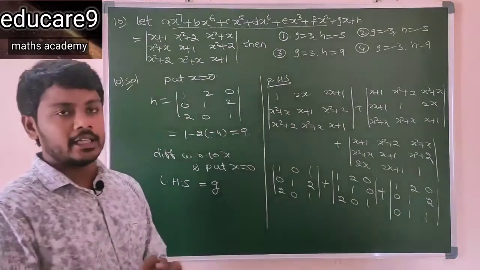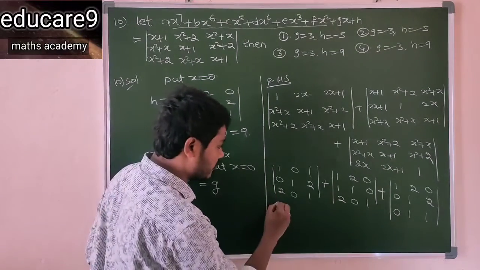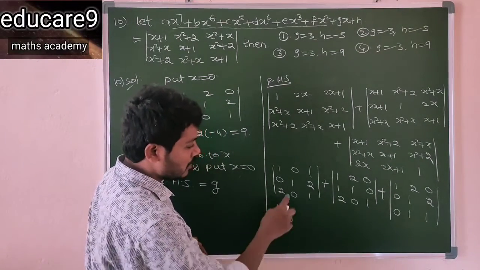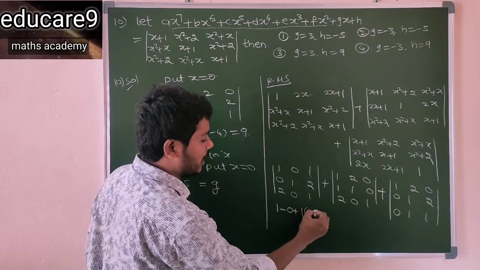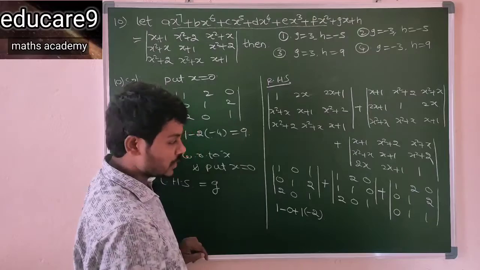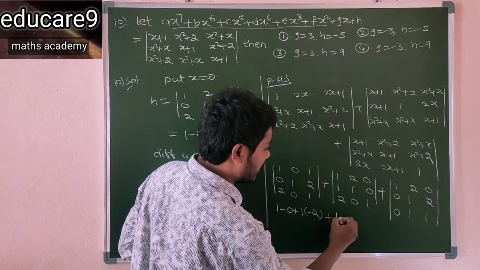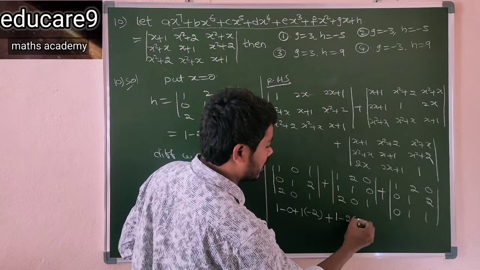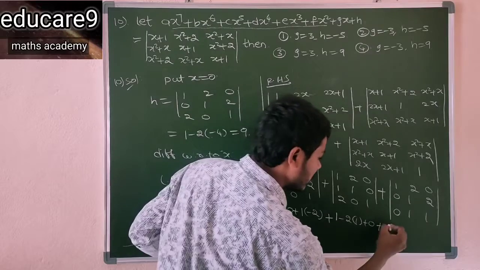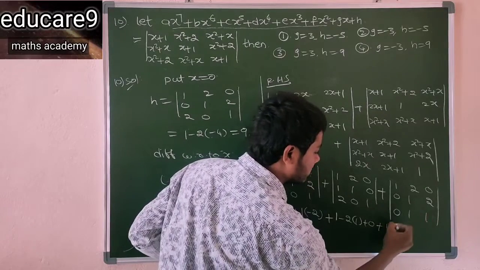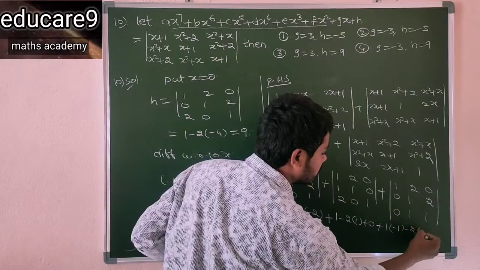So now find this determinant. So that is what? This is 1 minus 0 plus 1 into minus 2. Okay. Next this one, 1 minus 2 into 1 plus 0. Next plus this one, 1 into 1 minus 2 minus 1 minus 2 into 0 minus 0.